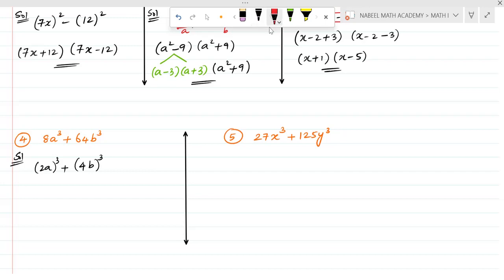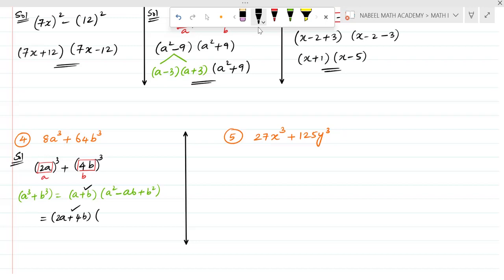Now this is my a, this is my b. So I write the rule first. Therefore, a cube plus b cube is given by a plus b, then a square minus ab plus b square. So as per this rule, I just substitute here. So you will get 2a plus 4b. This part is over.